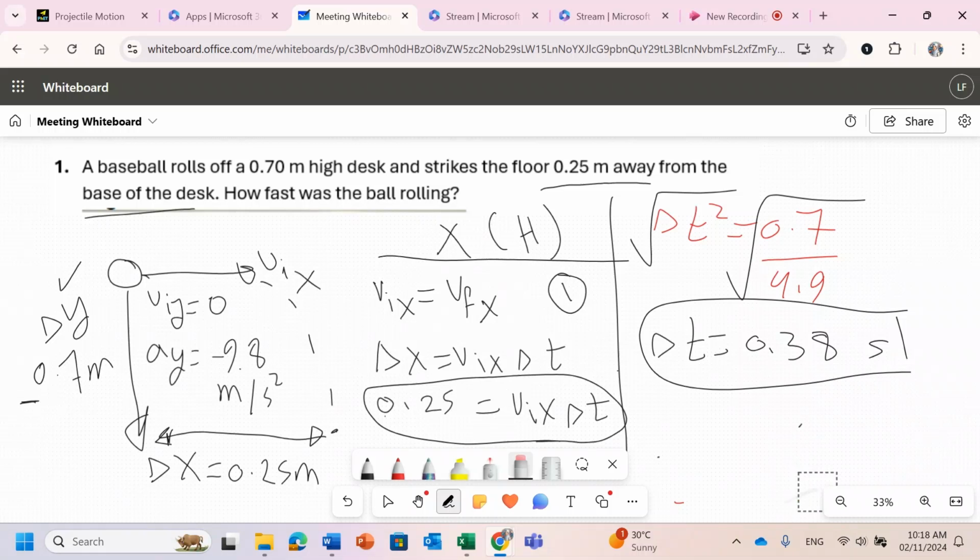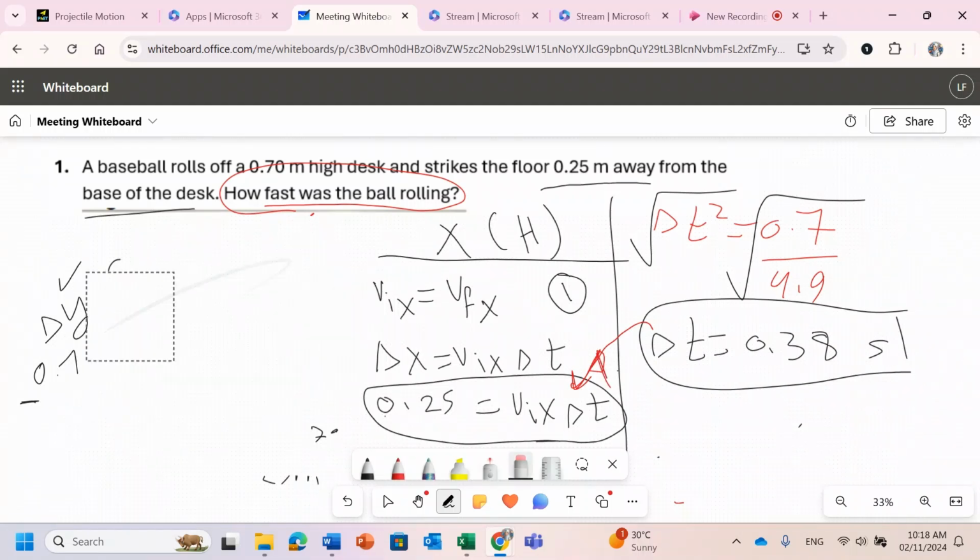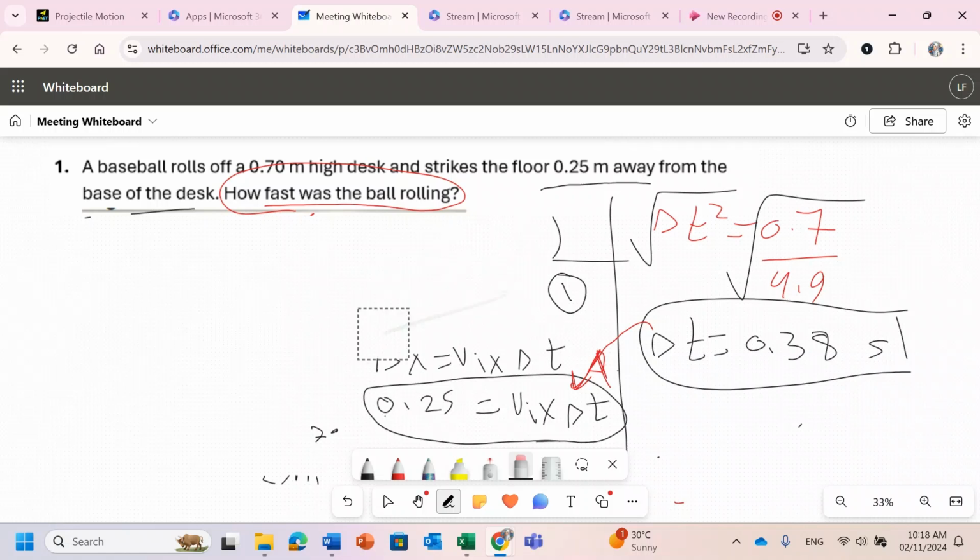Since I have the time, I can find how fast the ball was rolling, which is the initial speed, and the equation that I can use to calculate the initial speed in the horizontal direction is the second equation. So I'm going to substitute the value of time in this equation. Let's rewrite the equation again here.